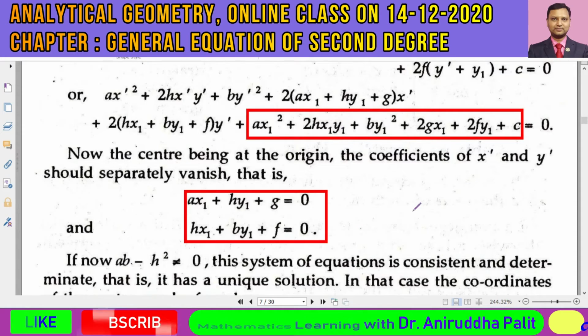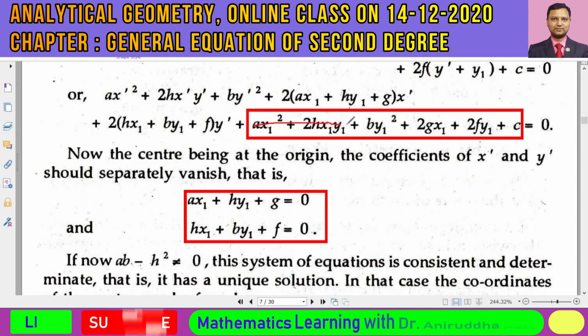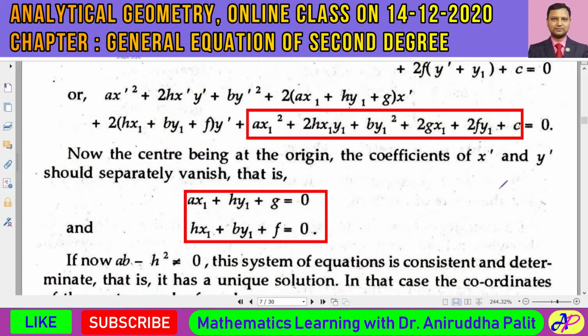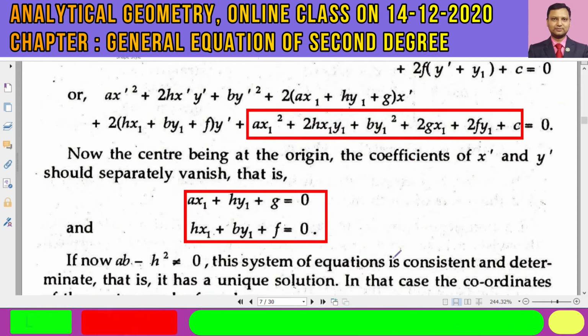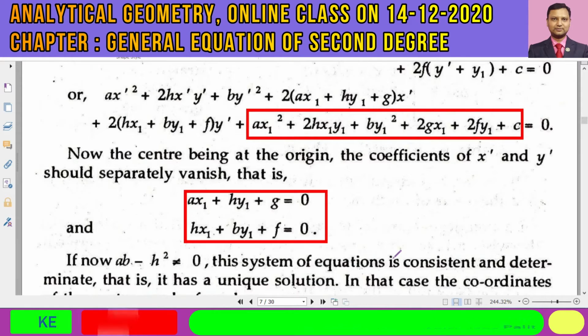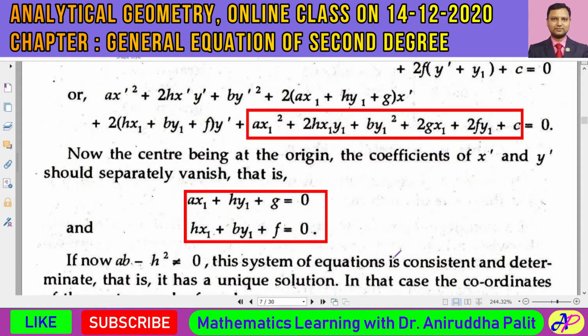And if you go to the discussion in our pair of straight lines chapter, we had the result that this expression also becomes equal to 0 if this general equation of second degree represents a pair of straight lines. But remember, over here we are not going to discuss the pair of straight lines. Therefore, this is the difference between the result of pair of straight lines and the results of central conic.